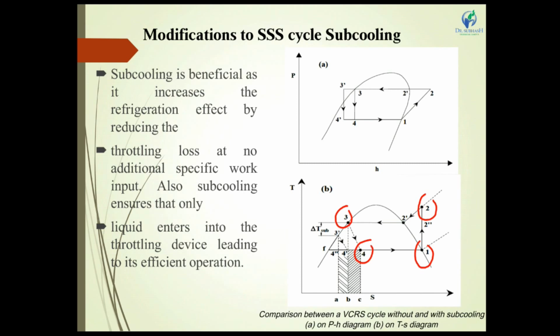But we give additional or extra cooling after the condensing process, that is point 3 to 3 dash, which means point 4 to 4 dash. This additional cooling is shown in this diagram. This highlighted line gives an additional refrigeration effect in the cycle with the same compressor work.